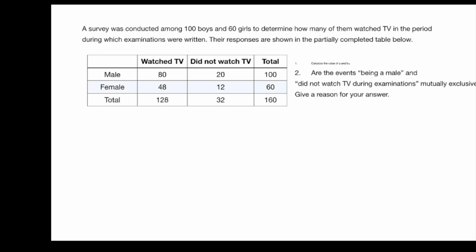The second question says, are the events being a male and did not watch TV during exams mutually exclusive? So we are given two events. Being a male, let's assume that M means being a male.